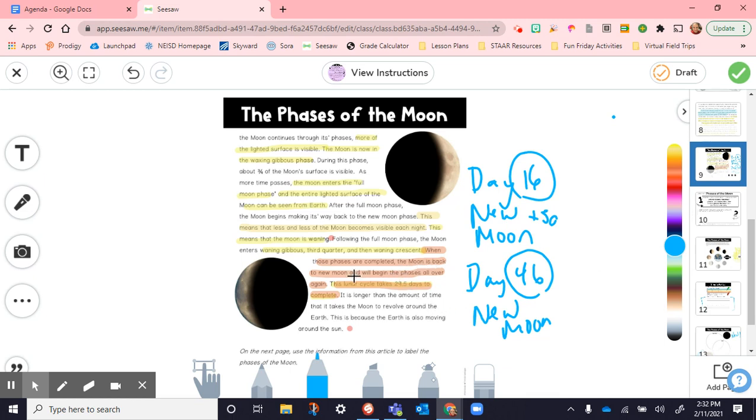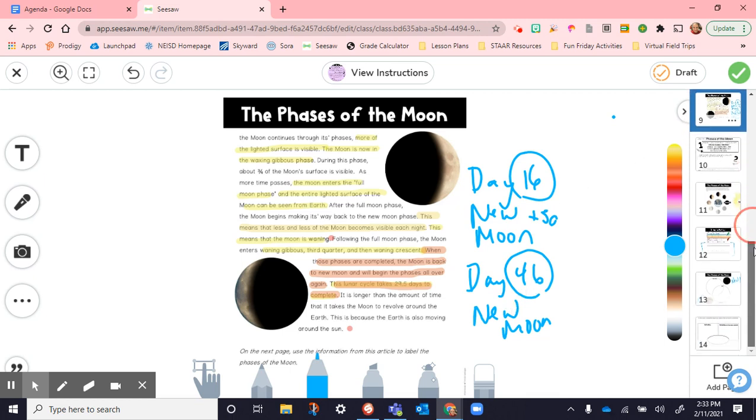And then right here, the lunar cycle, how it takes 29.5 days to complete. So we say about 30. And then we talked about what that means. So if you have, for example, on day 16, a new moon, you would add 30. So then the next new moon would be on day 46. Okay, so we talked about that.